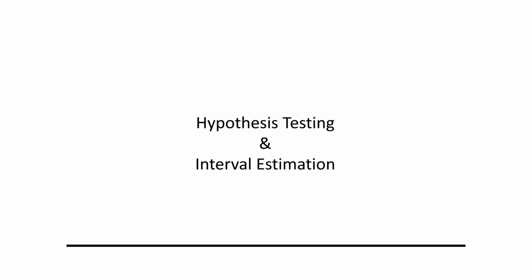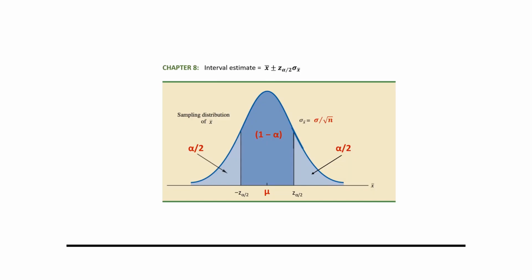What is the relationship between this two-tailed hypothesis test and interval estimation? In Chapter 8, we constructed confidence interval estimates of a population mean. We pointed out that a (1 minus alpha) times 100% confidence level means (1 minus alpha) times 100% of all the interval estimates constructed this way will contain the true population mean mu.